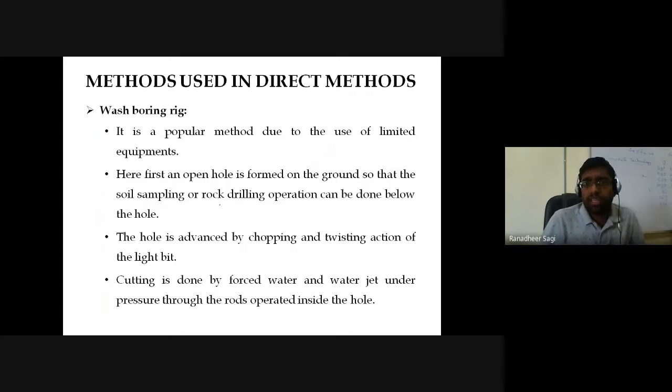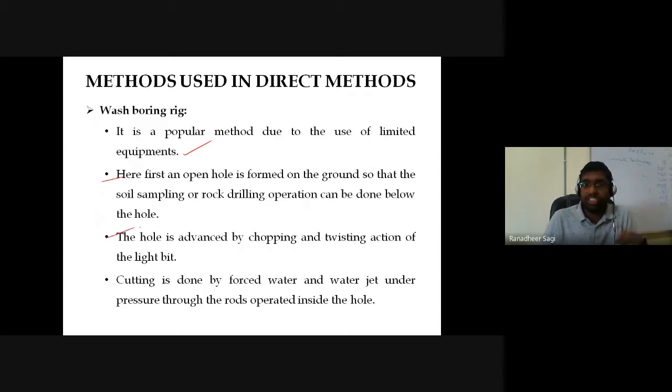It's a popular method due to the use of limited equipment, because here we don't require heavy machinery and so on. Because the limited resources are sufficient, this method is said to be relatively popular. Here, first an open hole is formed on the ground so that soil sampling or rock drilling operation can be done below that hole.